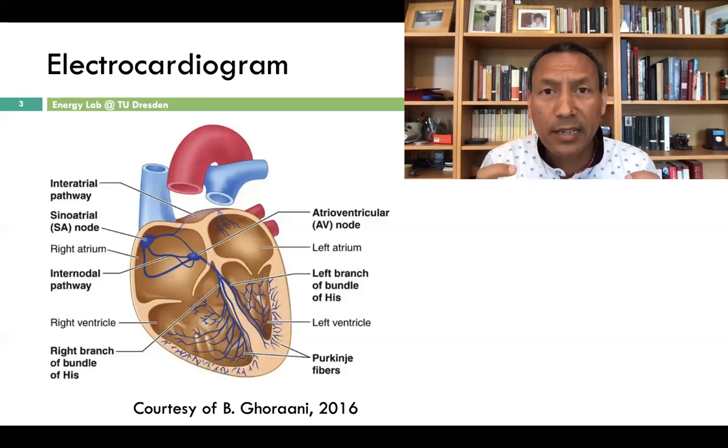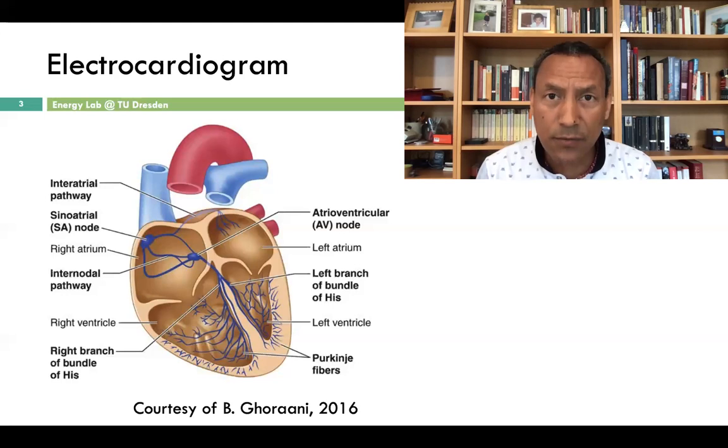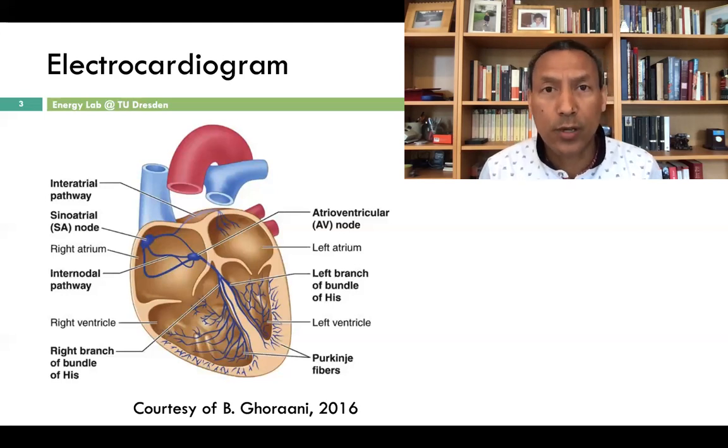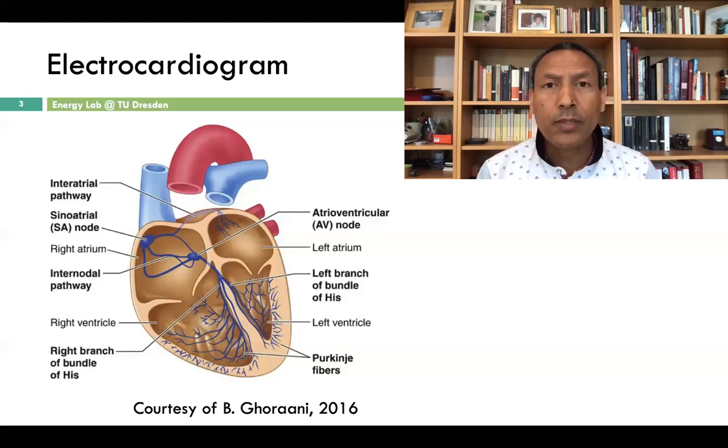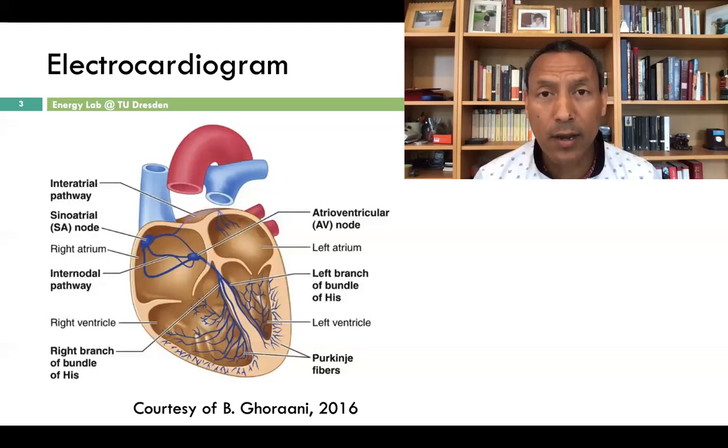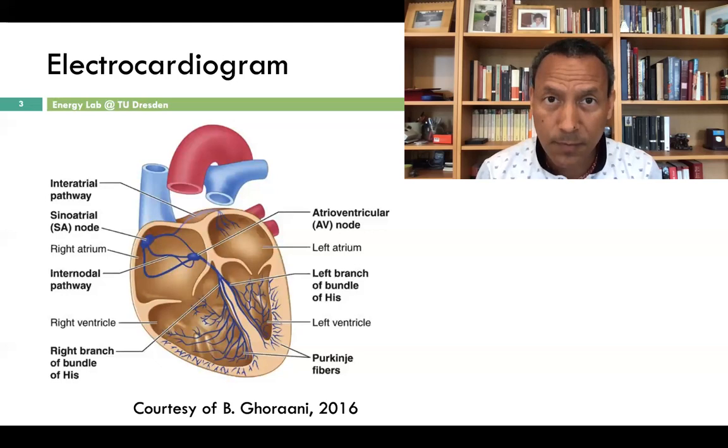As a result, the ventricle is contracted, and this contraction forces blood to pump out of the heart. So the clean blood goes to the brain and to the rest of the body. The deoxygenated blood, which requires filtering, goes to the lungs. Now, this is how a normal heart functions.